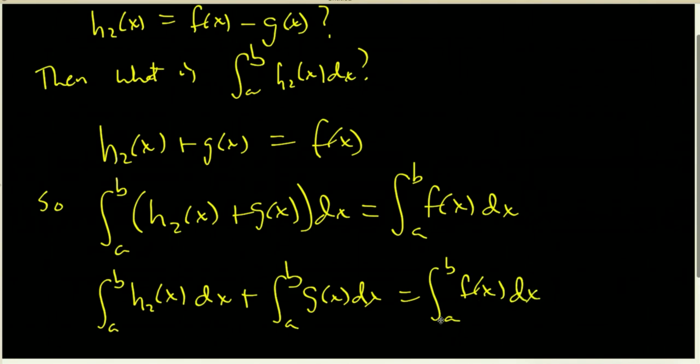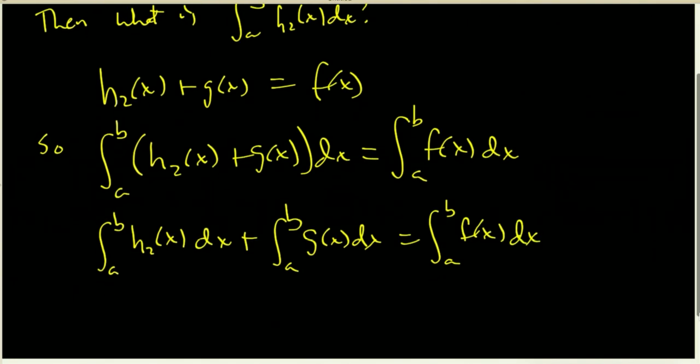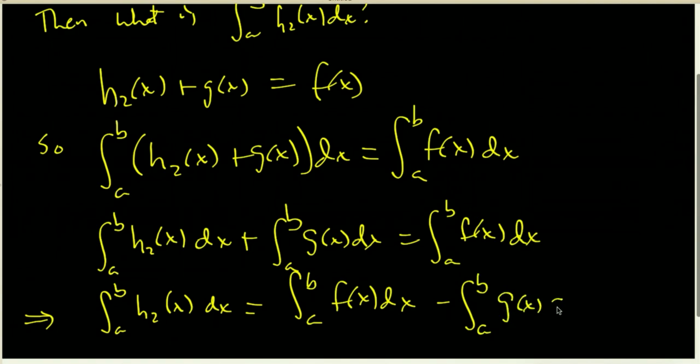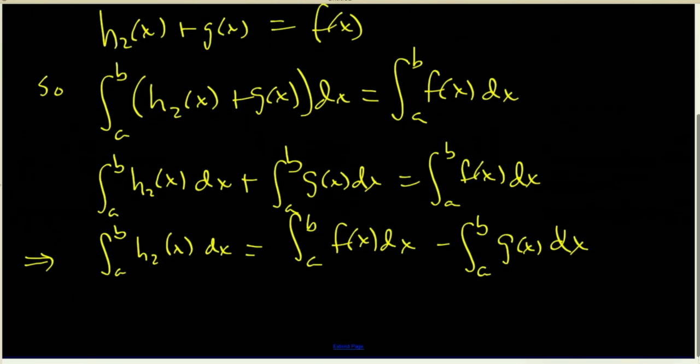And of course, at this point, it's an easy task to solve for the integral of h2. This immediately says that the integral from a to b of h2 of x dx is just the integral from a to b of f of x dx minus the integral from a to b of g of x dx. In other words, what we now have is this particular property.